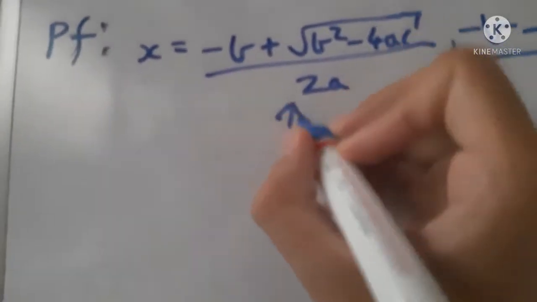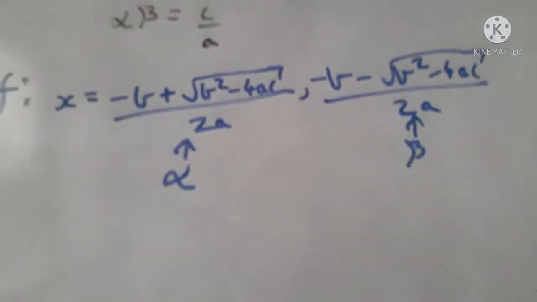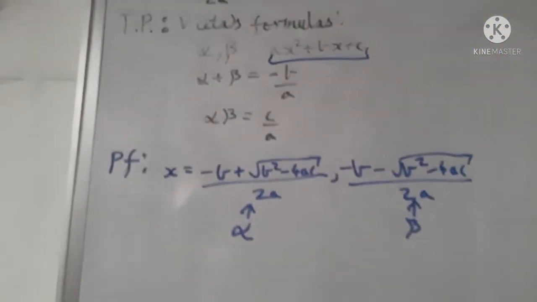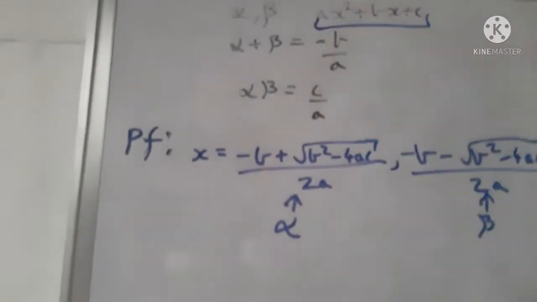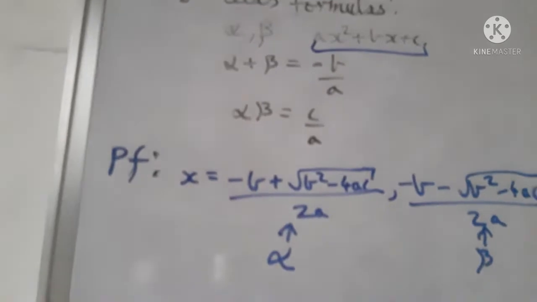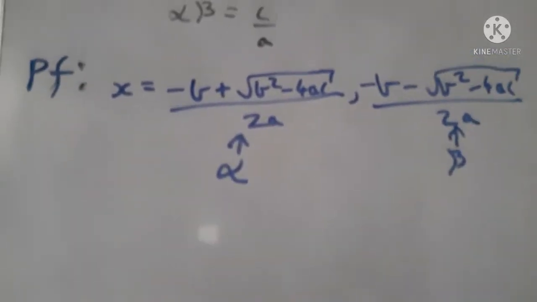We'll assign the first alpha's value and the second beta's value, and of course it's easy to see that this can be beta and this can be alpha, because they're commutative quantities. Alpha plus beta is the same as beta plus alpha.